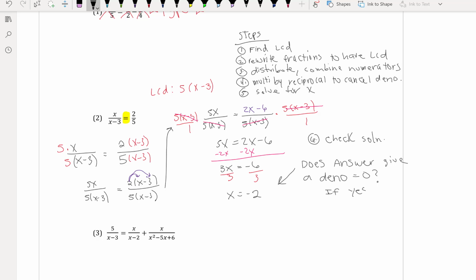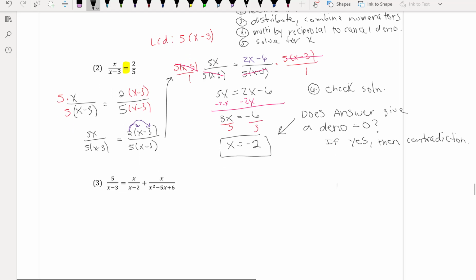If yes, then contradiction. Okay. If I plug in -2 inside my denominator, -2 minus 3 is -5, I'm fine. So x is equal to -2 ends up becoming my final answer there. Okay, so I hope that helps.